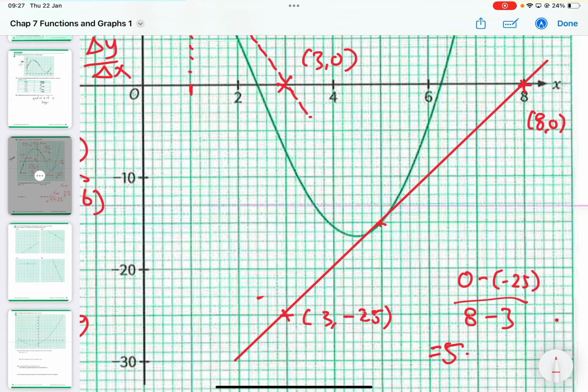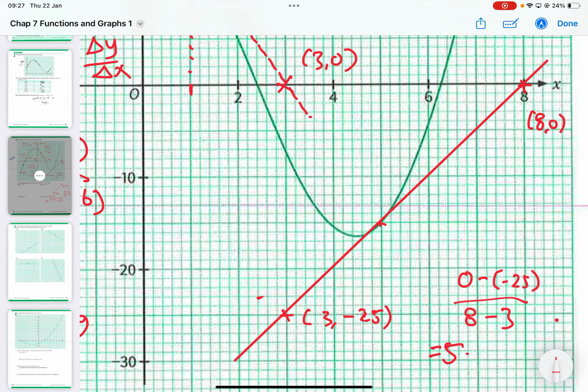Okay, after this question, we can go on to 7.4 already. Graphs of simple sums of power functions. Okay? Because all this that you have learned is just the basics to let you tackle 7.4.